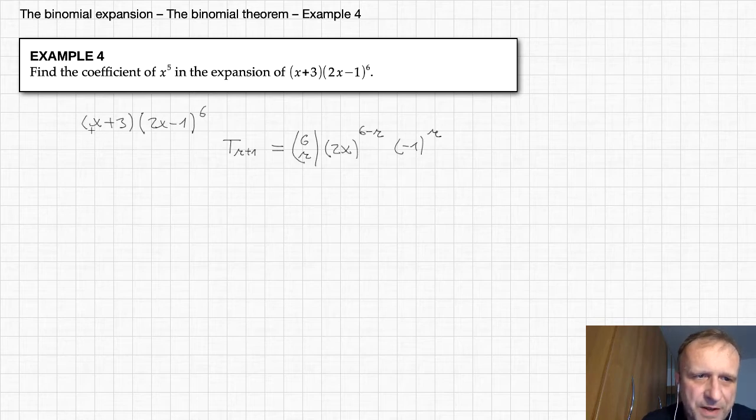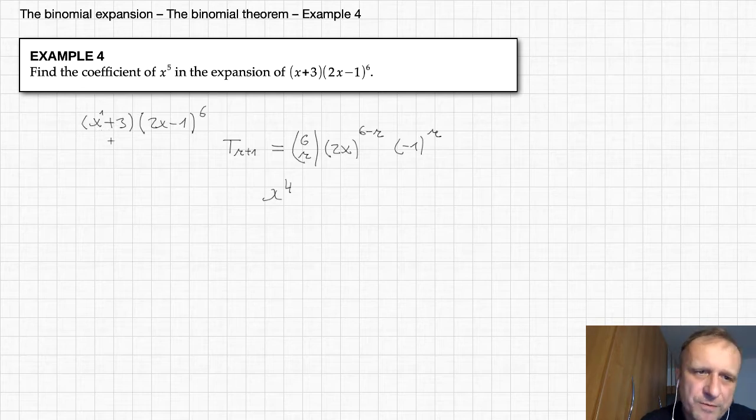If you multiply by x, which is to the power of 1, which term do you have to multiply so that you obtain x to the power of 5? Well, the term which contains x to the power of 4. So we are interested only in the term of this expansion of the second bracket which contains x to the power of 4, because when it's multiplied by x, you get x to the power of 5.